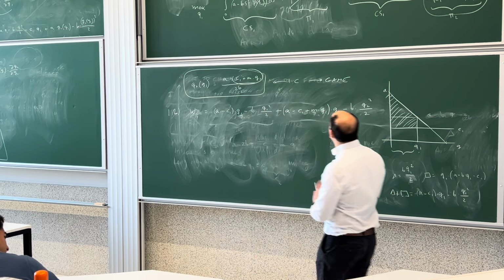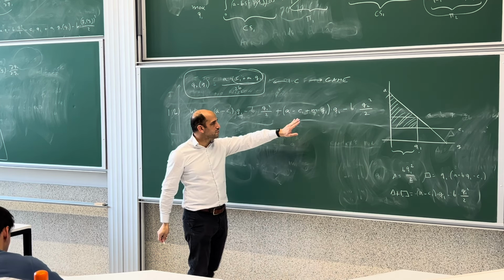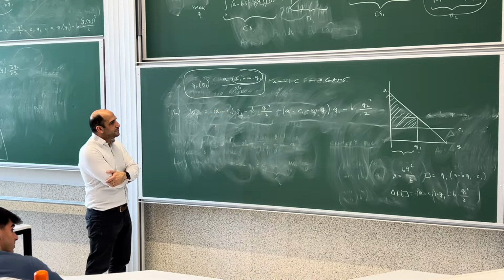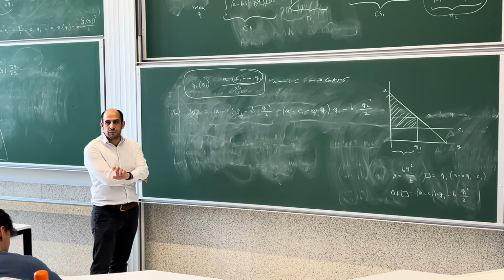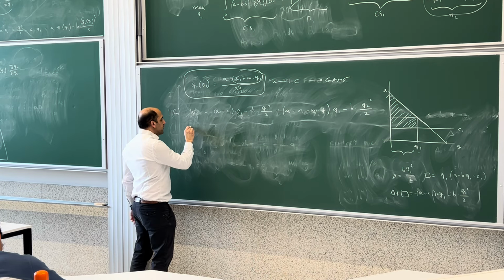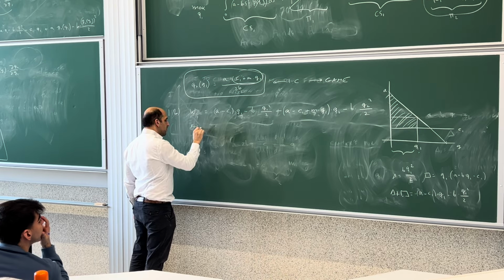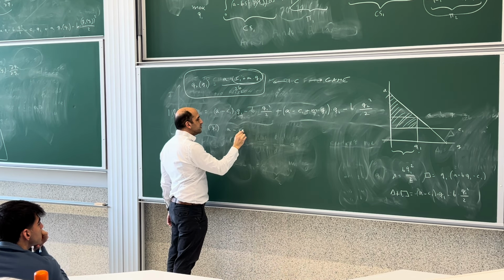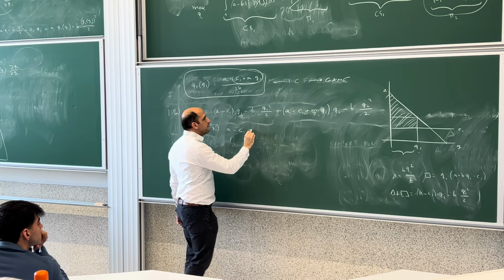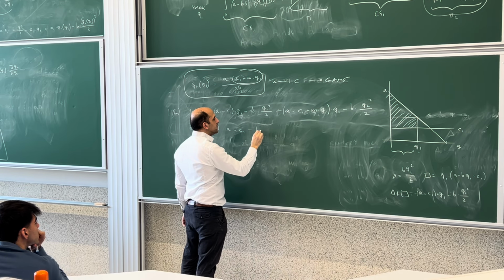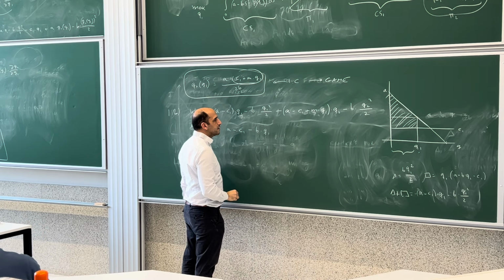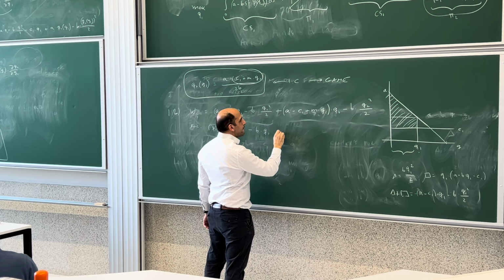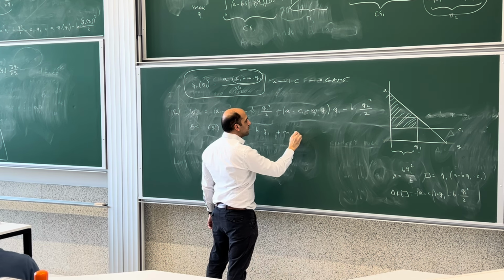Okay, so that's that. And now we don't think of Q2 as a function of Q1. We just think of it as Q2. Now we take the first order condition with respect to Q1, which is going to be A minus C1 minus B times Q1 plus M times Q2.